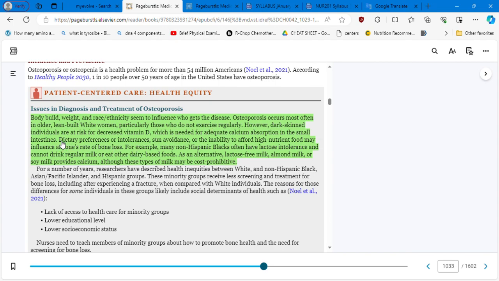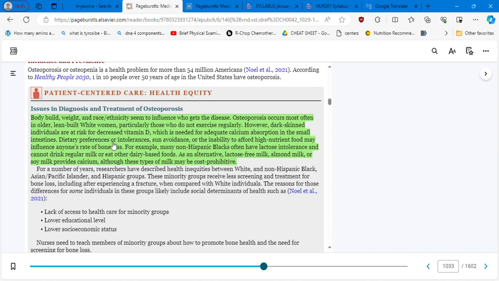In the previous chapter, we mentioned that Black people have a good bone density and decreased risk for osteoporosis. But we need to add this factor. If dark-skinned individuals are at risk for decreased vitamin D, and we know that lack of vitamin D is going to cause a problem in the absorption of calcium, then they are going to have problems with osteoporosis.